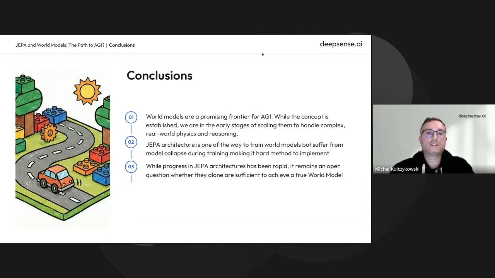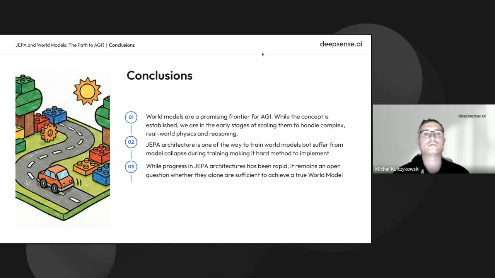In conclusion, world models are a promising frontier in AGI. The concept is established, but the scaling laws of compute and data allow us to handle more complex physical reality and reasoning.